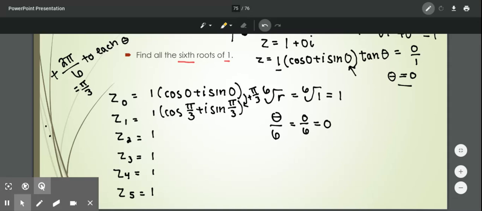And then if I add another pi over 3, I'm at 2 pi over 3 plus i sine 2 pi over 3. And if you add another pi over 3, you're at 3 pi over 3, which is just pi.